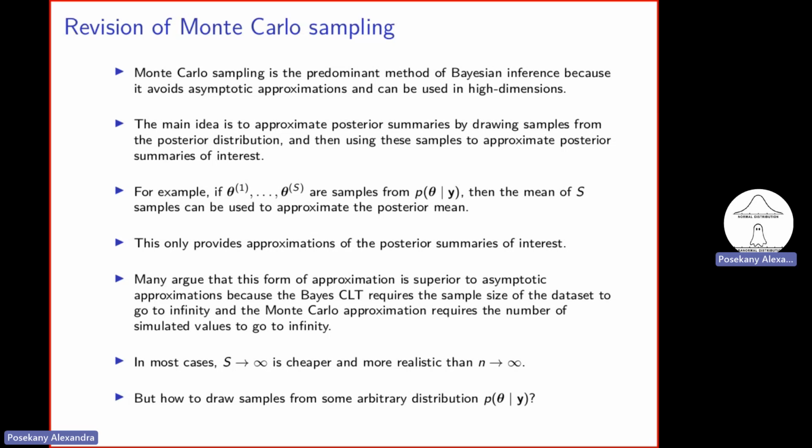Monte Carlo sampling is a very general framework of sampling, which basically is meant to be scalable also for high-dimensional problems through some asymptotic approximation.